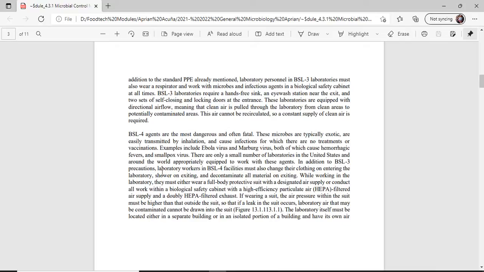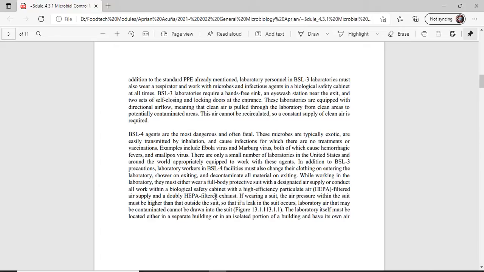In addition to level 3 precautions, laboratory workers in level 4 facilities must also change their clothing on entering the laboratory, shower on exit, and decontaminate all material on exiting. While working in the laboratory, they must either wear a full body protective suit with a designated air supply, or conduct all work within a biological safety cabinet with a high efficiency particulate air or HEPA filter air supply.